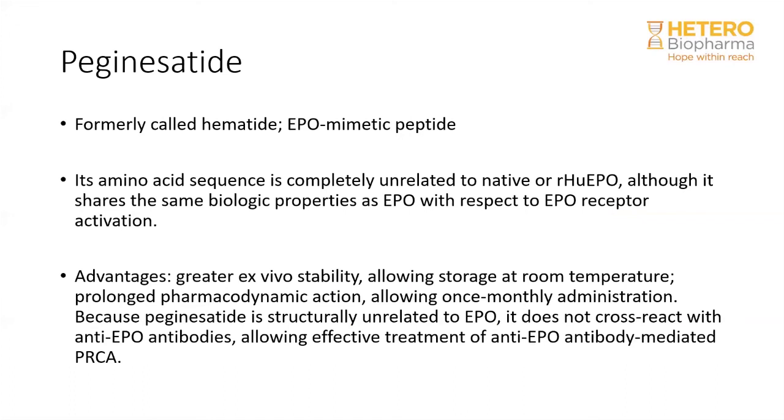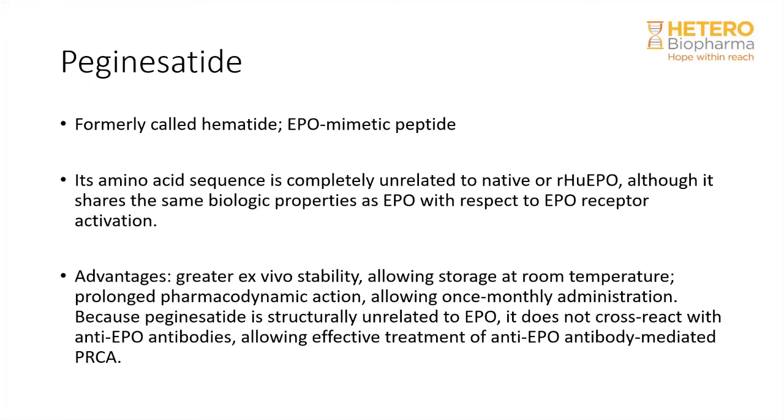It is known as an EPO mimic. Basically, why it came into existence: EPO is produced by recombinant DNA technology, which is highly expensive, but peginesatide acts on the EPO receptors exactly like EPO. It's an EPO mimic, but a synthetic molecule, like a chemical, which can be produced in a lab at much cheaper cost.